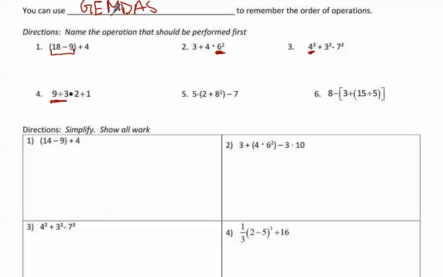Even though the M comes first here in GEMDAS, you always work multiplication from left to right, or division. Problem 5, within the grouping, you do the exponent first.